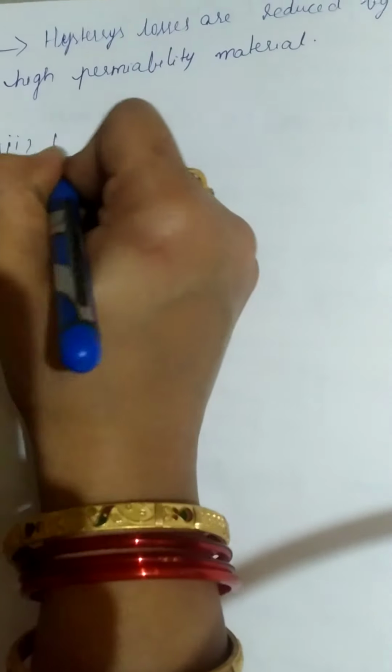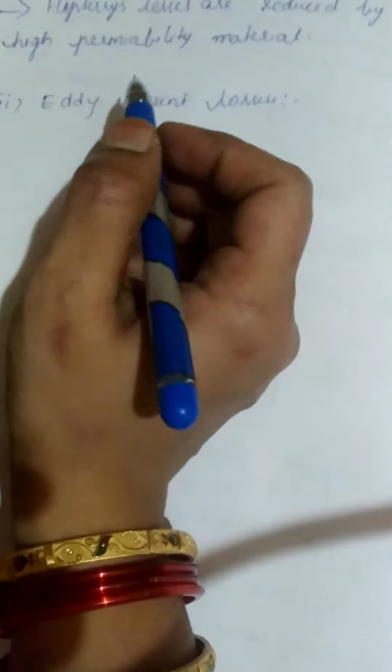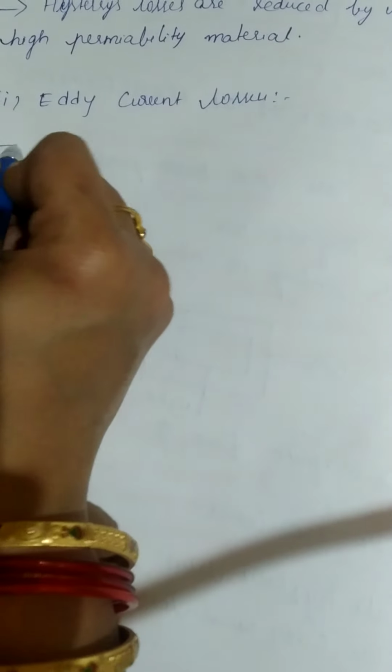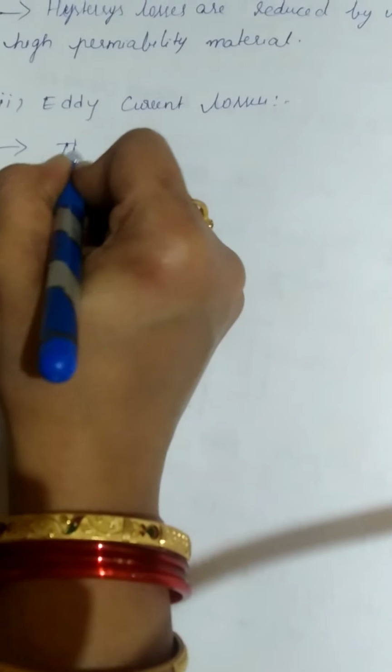Next, we go for eddy current losses. We have to reduce these eddy current losses, so the core is made up of thin laminations.